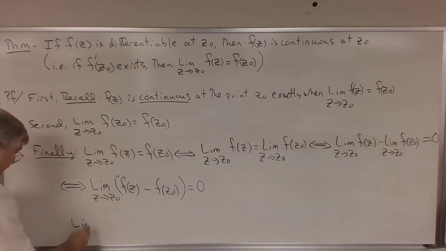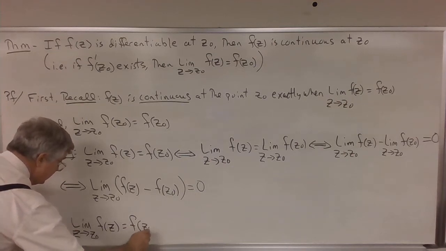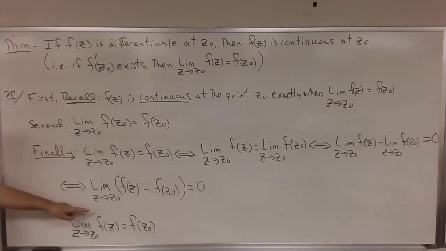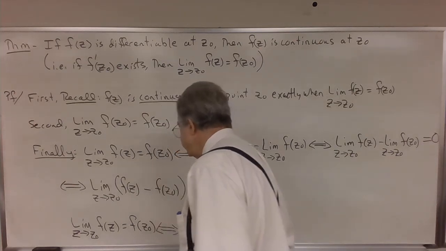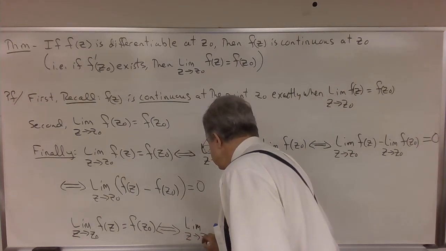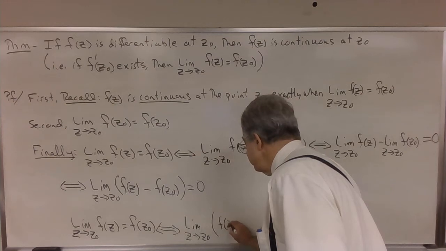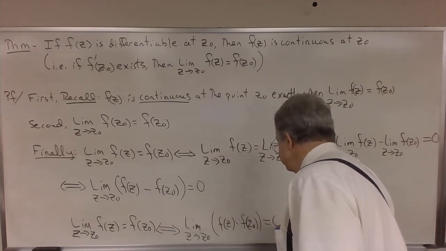Our criterion for continuity, the limit as z approaches z naught of f of z equals f of z naught, is exactly the same as this criterion: the limit as z goes to z naught of f of z minus f of z naught equals 0.